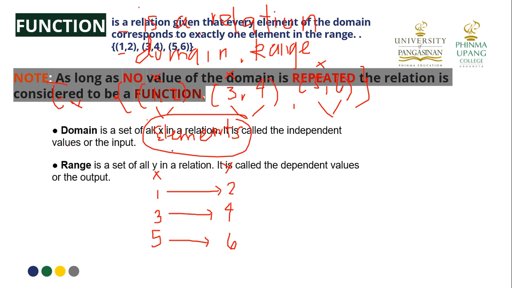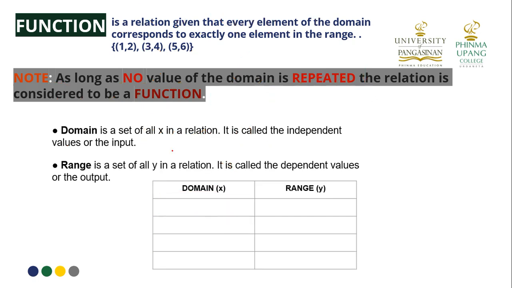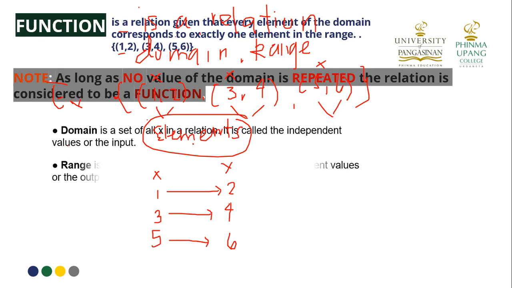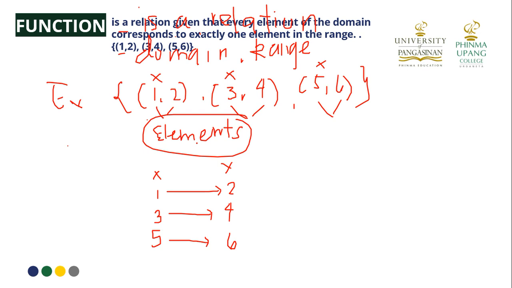And aside from that, yung ating domain, kung papansin niyo yung example natin, domain is the independent. Okay? Independent values siya. And hindi siya pwedeng maging dependent kasi hindi siya magiging function. Sabi ko sa inyo kanina na bawal po maulit ang x values. That's why ang ating domain, maliban sa domain at x, ang tawag sa kanya ay input, independent.